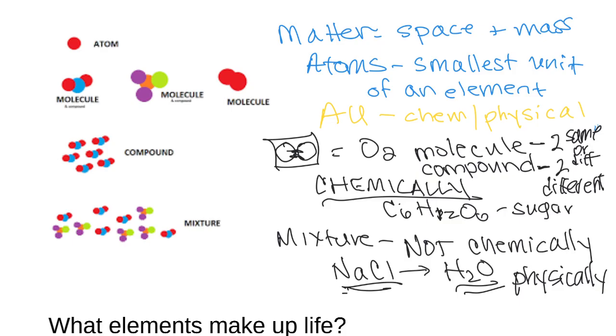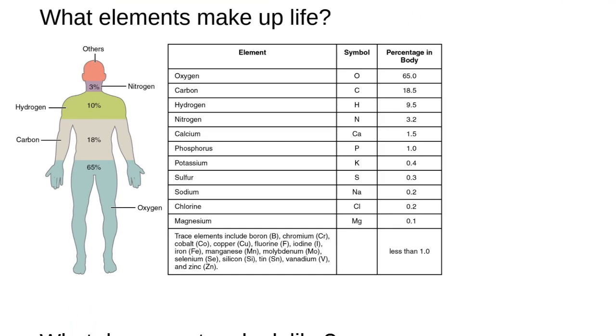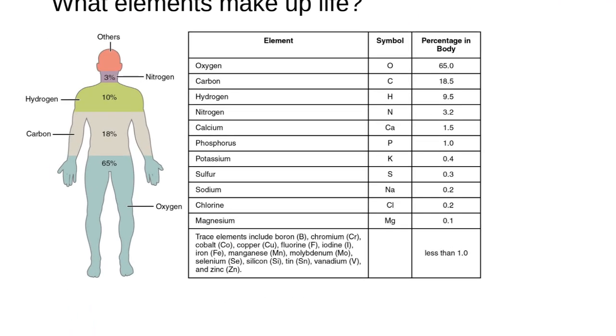So those are some vocab words that are really important that you understand. So now let's talk about what elements make up life. And we're going to talk specifically about human bodies because, well, that's what we are. We're humans. So the four that I really want you to know are C, H, O, and N. CHON. Okay, so carbon, hydrogen, oxygen, and nitrogen.